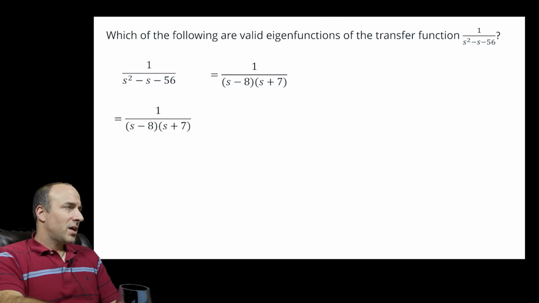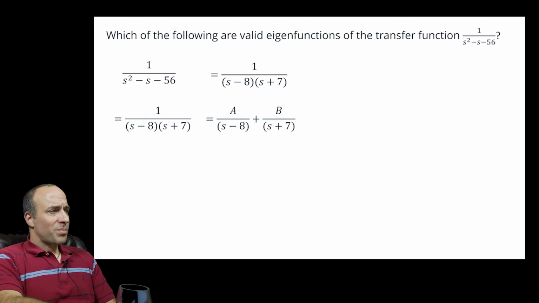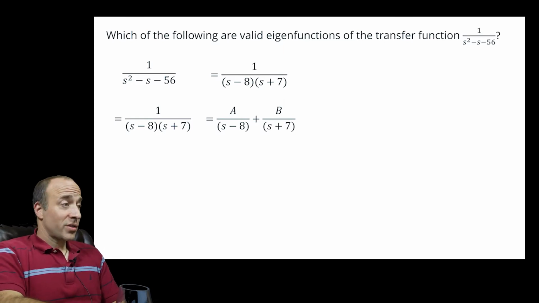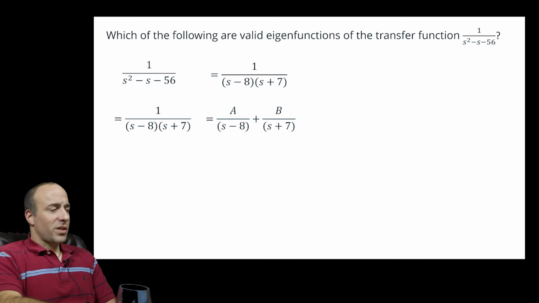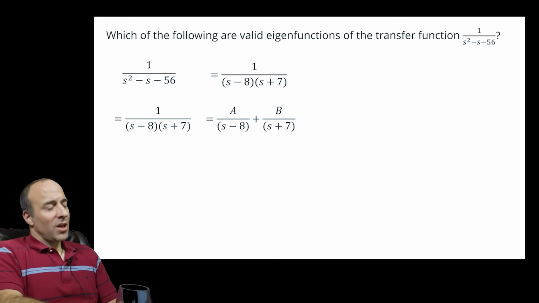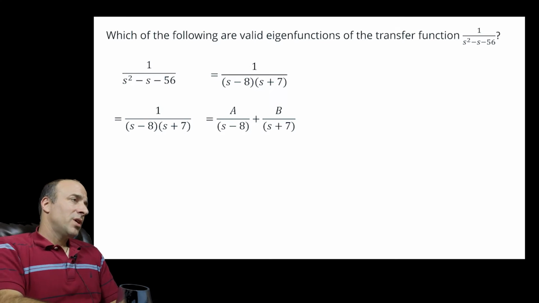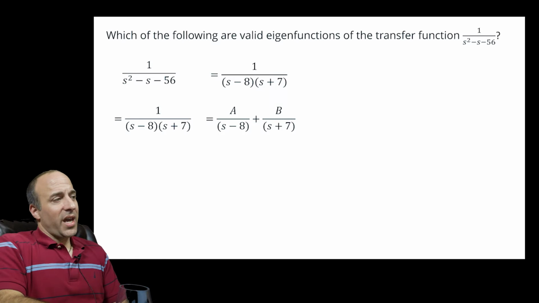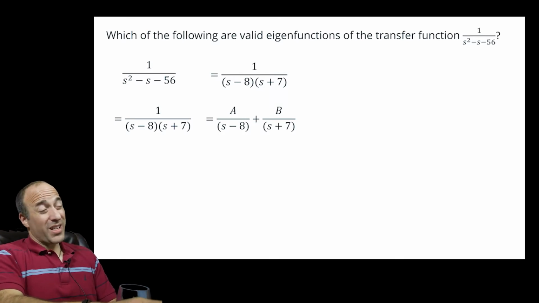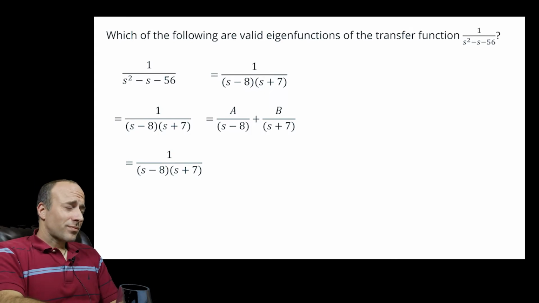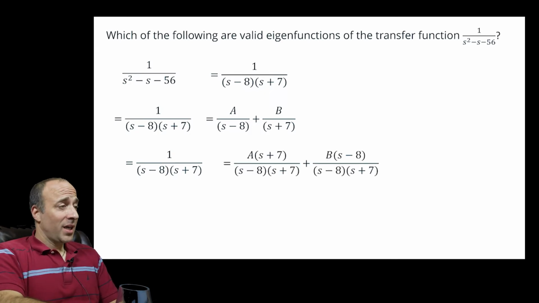And then we need to split the expression into 2 parts, where each part has a denominator that has an order 1 polynomial. So we're going to express this as a over s minus 8 plus b over s plus 7. So we need to solve for a and b.